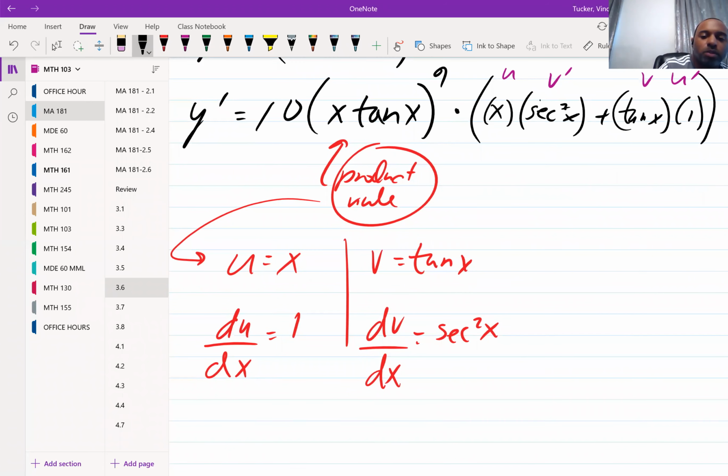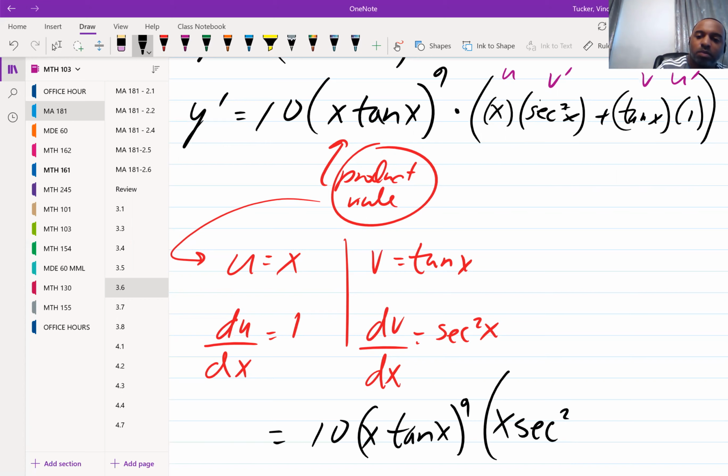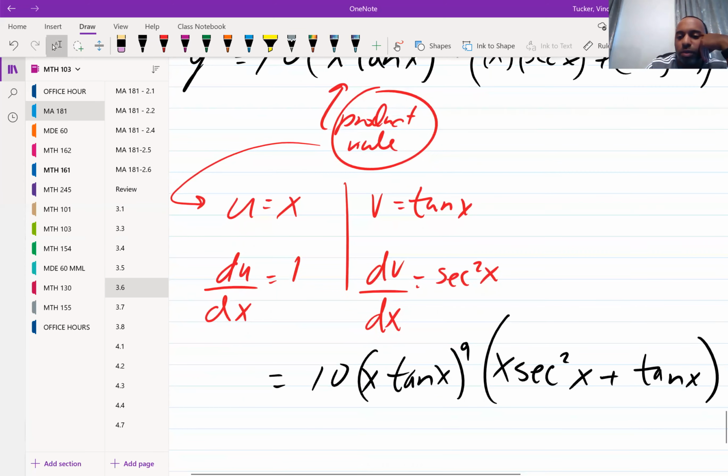All right, make sure we're okay. That should be good enough. I'm trying to see if there's anything else we can do with this problem. So secant squared is 1 minus, nope, then we have x.